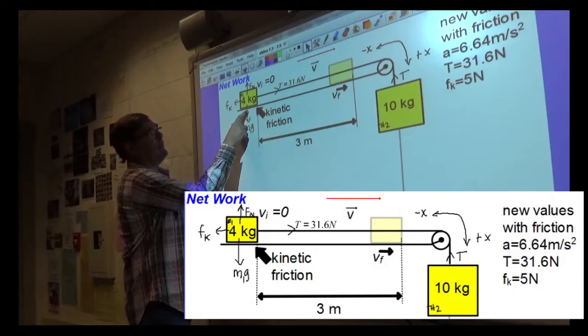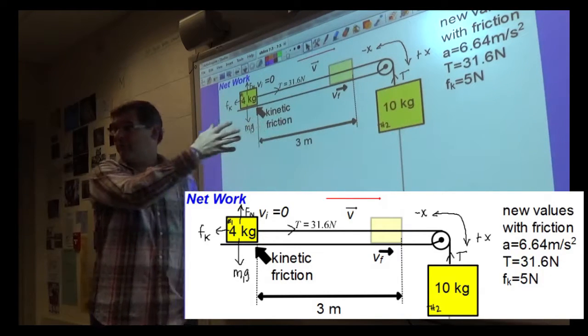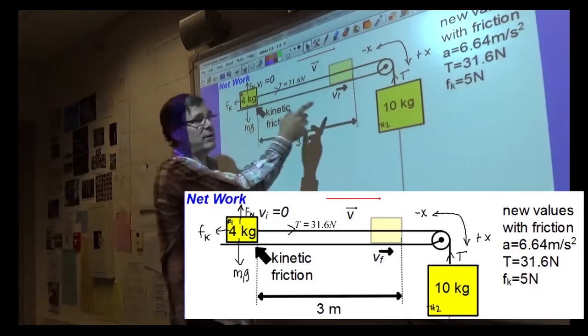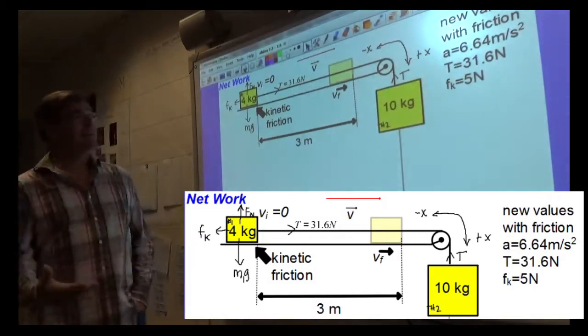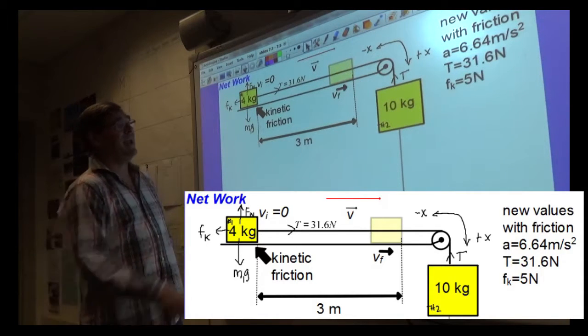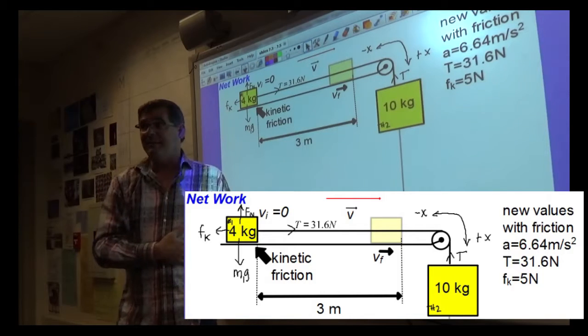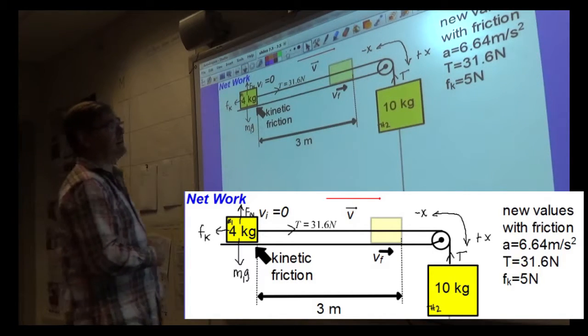Now that we have kinetic friction, as we expect, that friction is going to slow it down somewhat. And so when you do the calculations again, we get 6.64 meters per second squared as our acceleration. And the tension in the string becomes slightly greater because the acceleration is less.